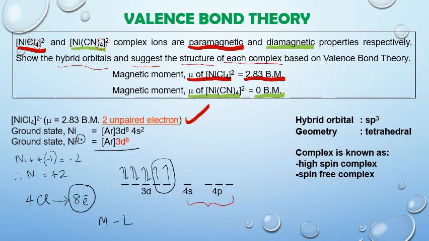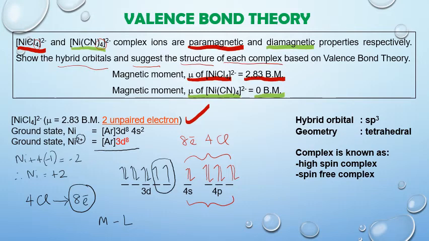So the 8 electrons will be here: 1, 2, 3, 4, 5, 6, 7, 8. These 8 electrons come from 4 chloro ligands. So what we can see here, what is the hybrid here?